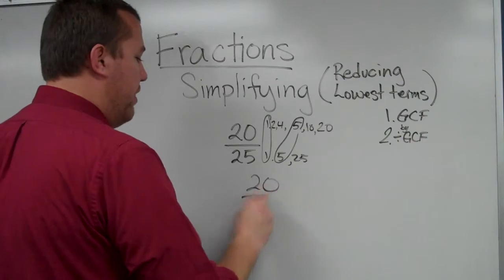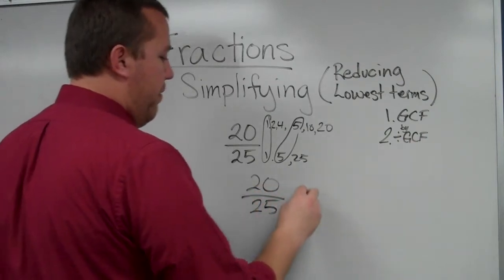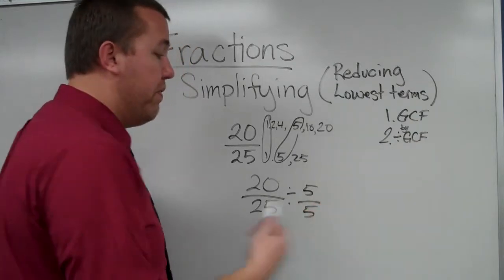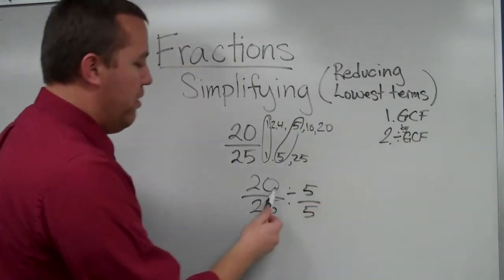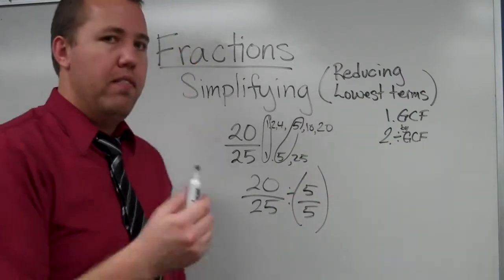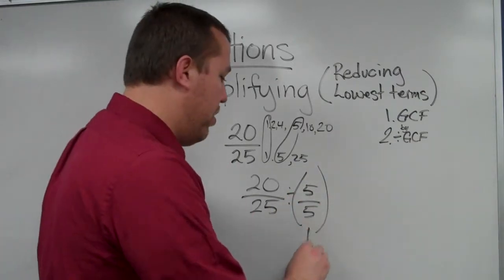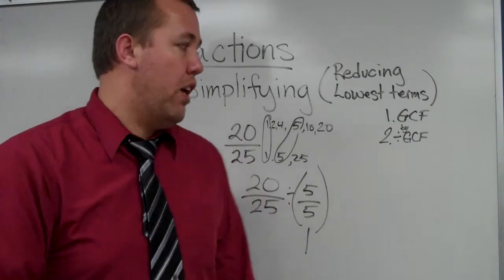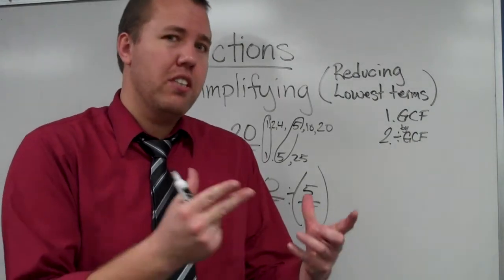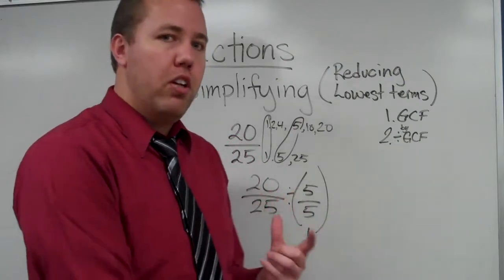So I have 20/25 divided by 5/5. I do 5/5 because I'm dividing the numerator and the denominator. 5/5 equals 1 whole. This is how I am simplifying it, not changing its value, but just how I'm looking at it.